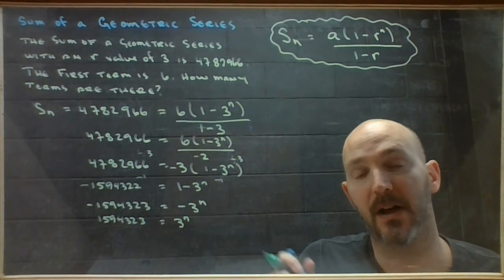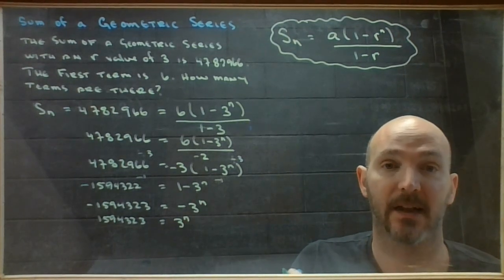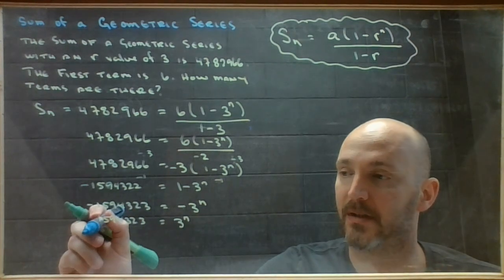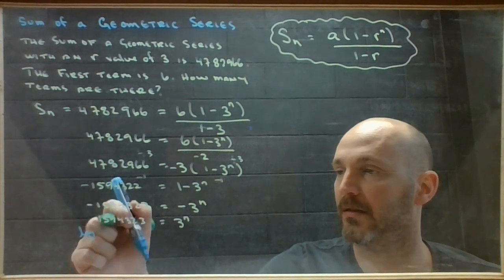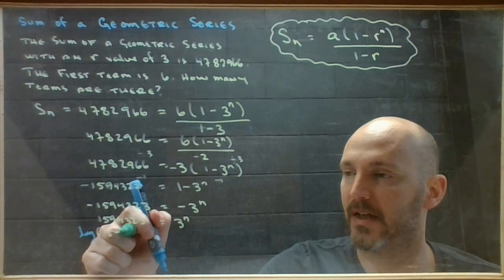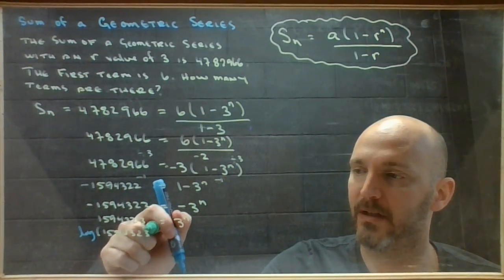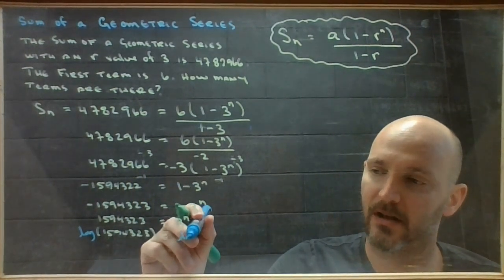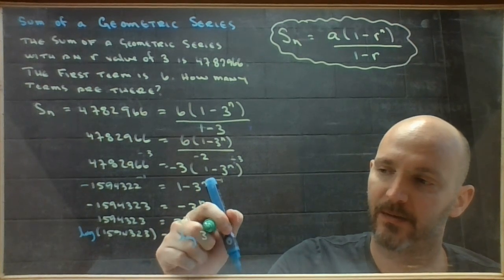And I have a variable up in an exponent, and the way you break that is by introducing logarithms. So I'm going to need the log of 1,594,323 is the log of 3 to the n.